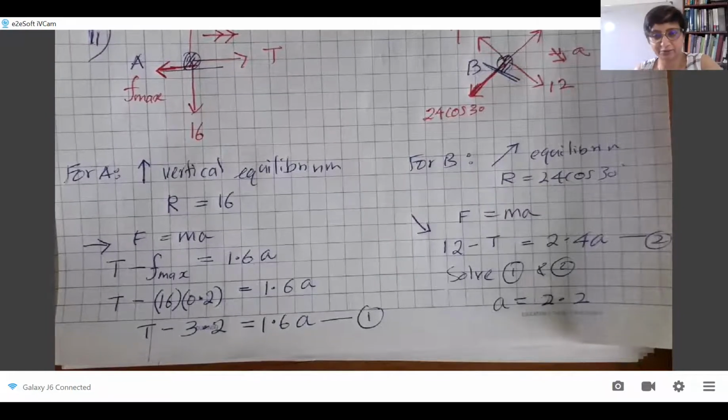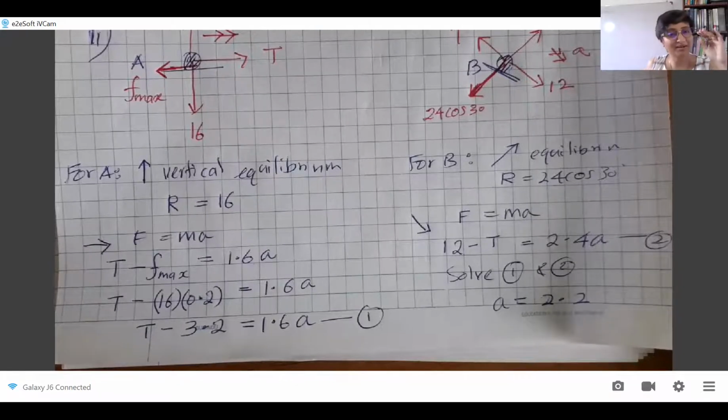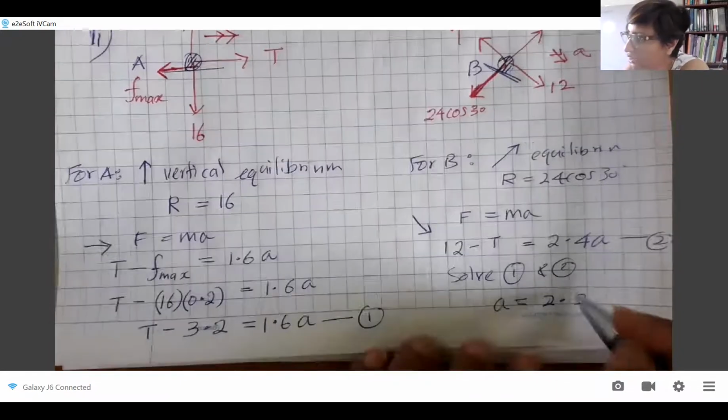When you add 1 and 2, T gets cancelled. You get 12 minus 3.2. I see my mistake. How did you make the same careless mistake to get 3.8? Anyway, okay, we found the acceleration.